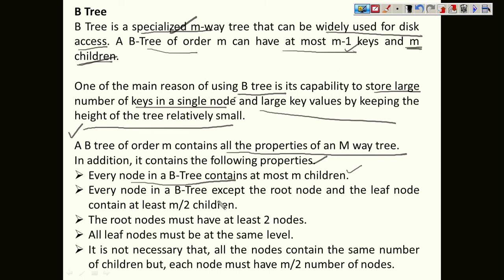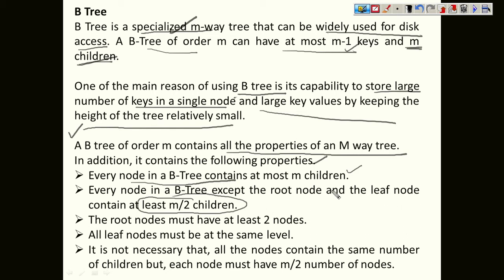Every node in the B tree except the root node and the leaf node contains at least m by 2 children. Now this is something which is different from the M-way tree, and this makes a specialty in the B tree. So let me read again. Every node in the B tree except the root and the leaf node.